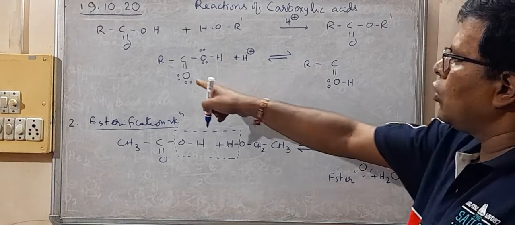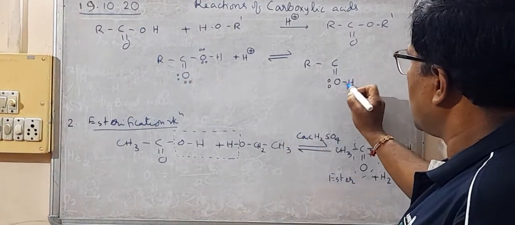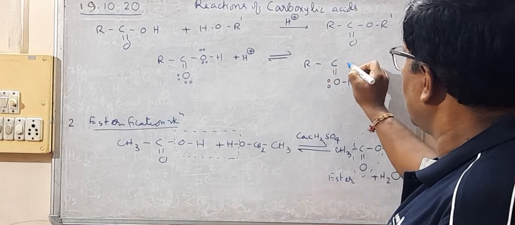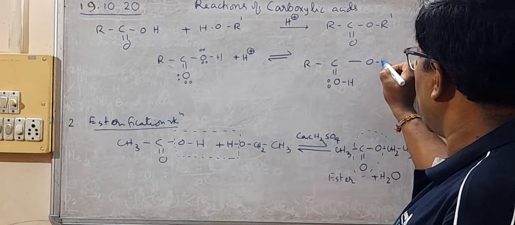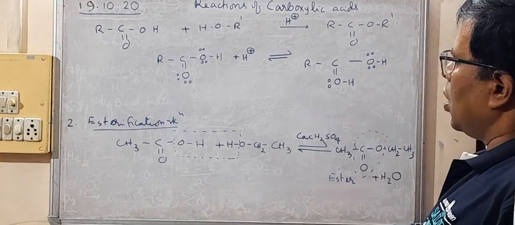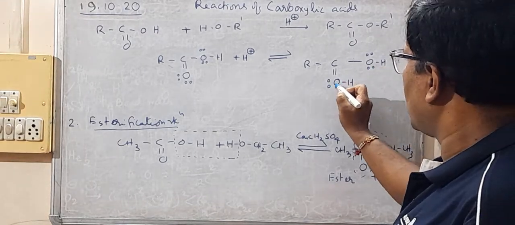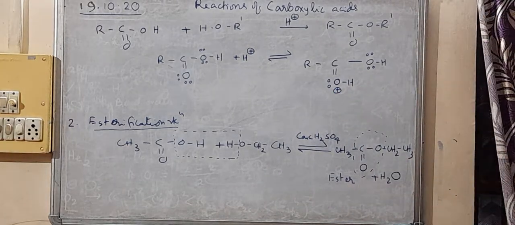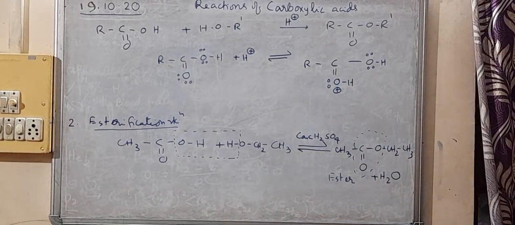With the help of one lone pair it forms the bond, so there is now only one lone pair, and this side it is as it is. And this O will become positive. So this is the first step, protonation.